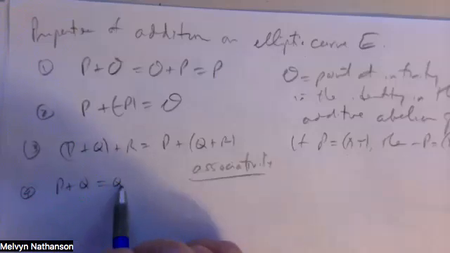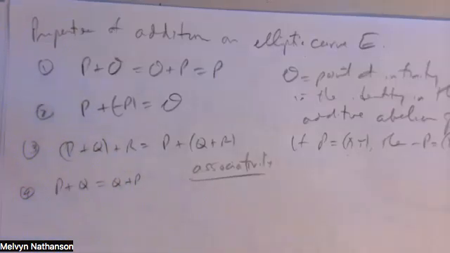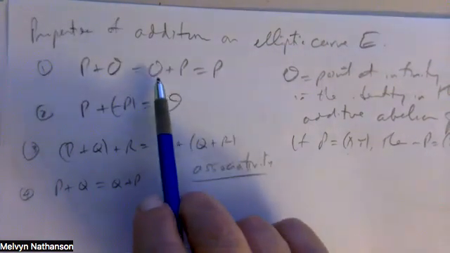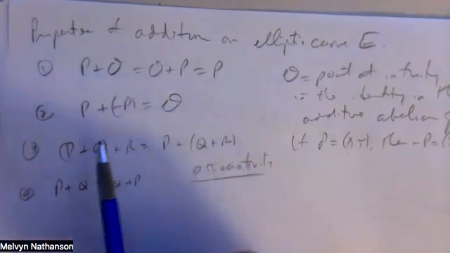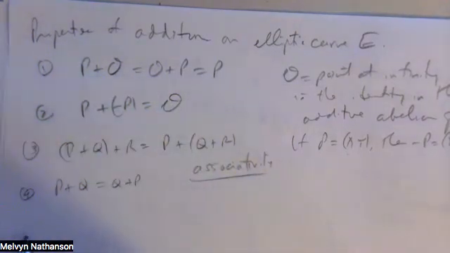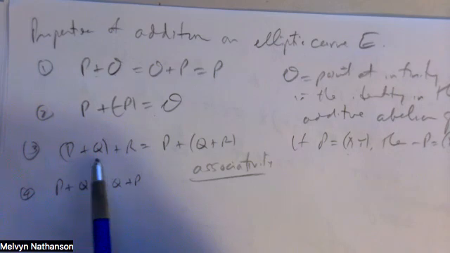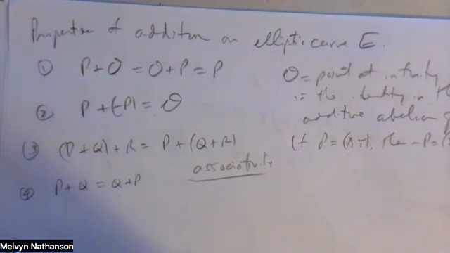P plus Q is always equal to Q plus P, which you can see immediately from the chord tangent process. Of course, the line through P and Q is the same as the line through Q and P. So this you can take as a definition of how O works. This is clear, and this is what is hard to prove, and we'll come back to that. All right.